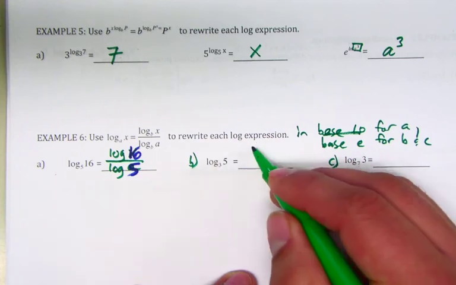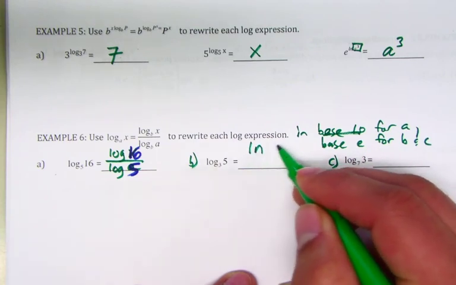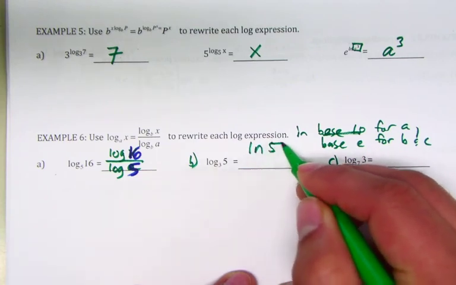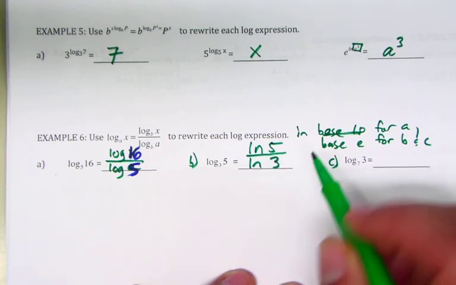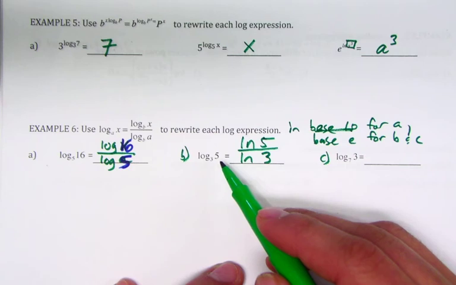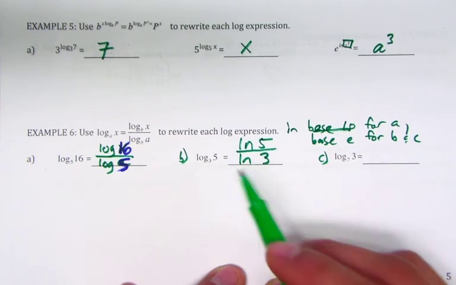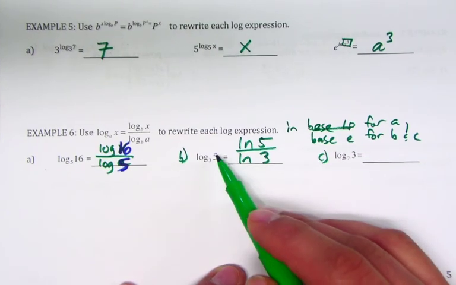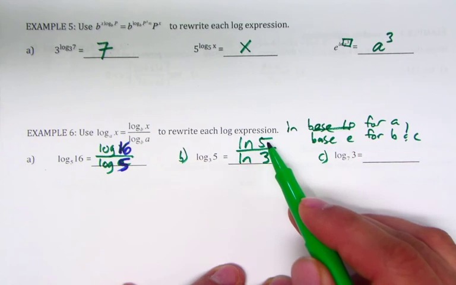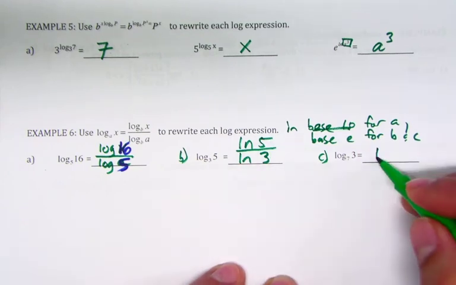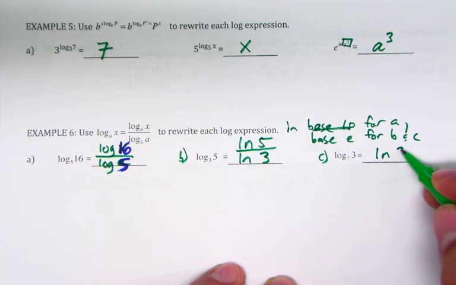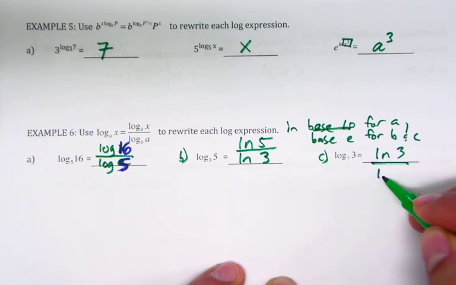Natural log, and we'd have to do natural log of 5 divided by natural log of 3. This formula is pretty easy to remember because if you're a visual person, you see how this 5 kind of sits above the 3? Well, that pretty much tells you where they go. Okay? This would be natural log of 3 divided by natural log of 7. Okay?